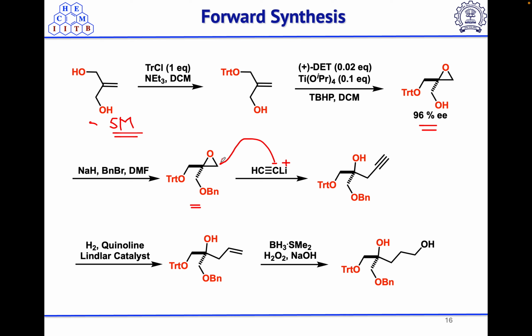The epoxide will open, and you will get this secondary alcohol along with this alkyne. Now we need to get a double bond here. How can we get this olefin? From alkyne to alkene, by using Lindlar catalyst in the presence of quinoline and hydrogen.